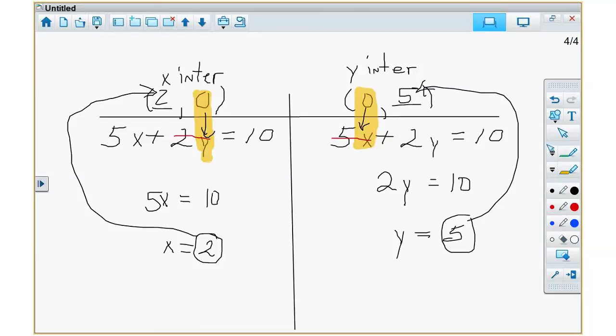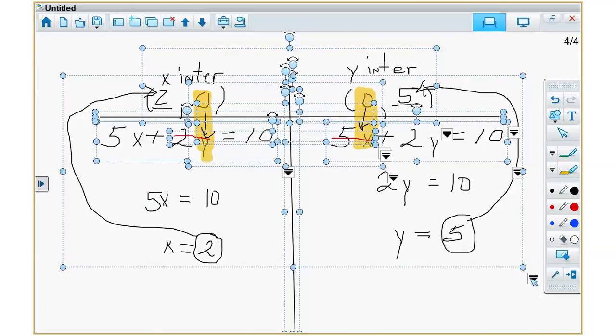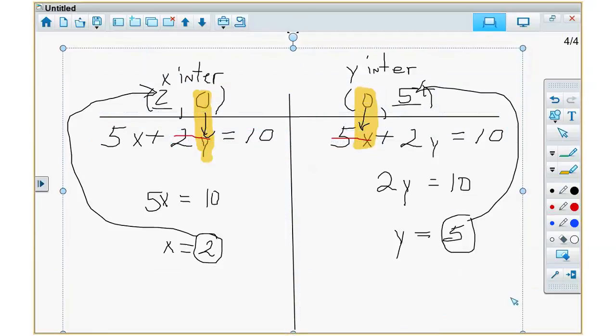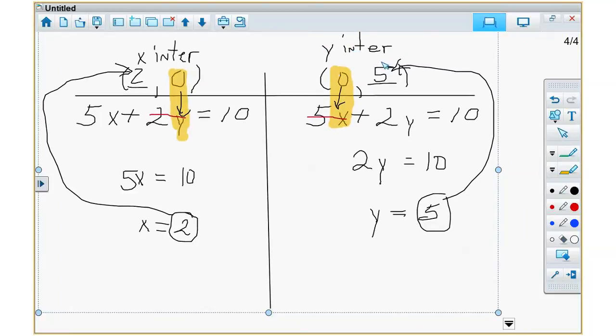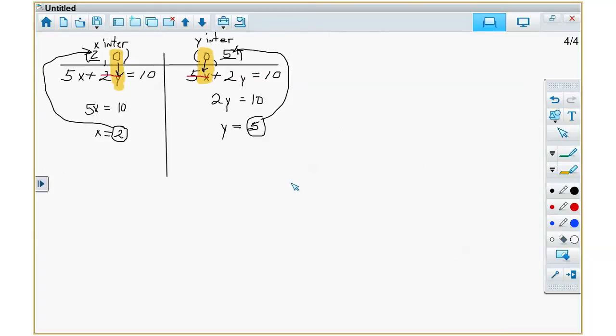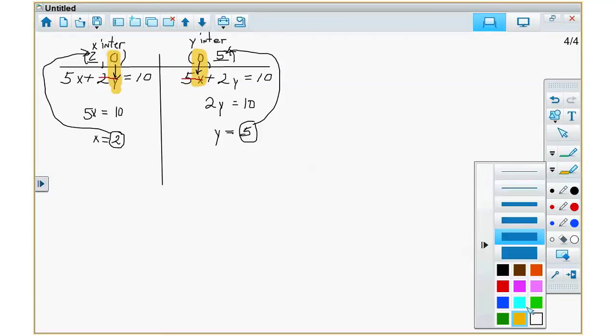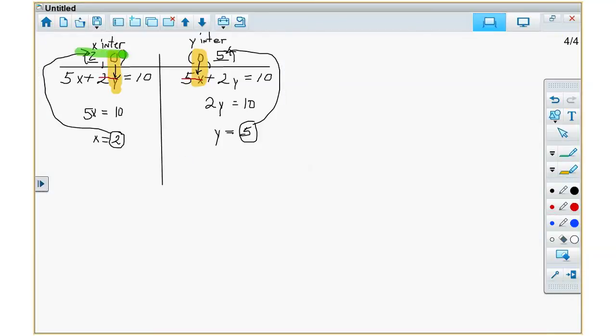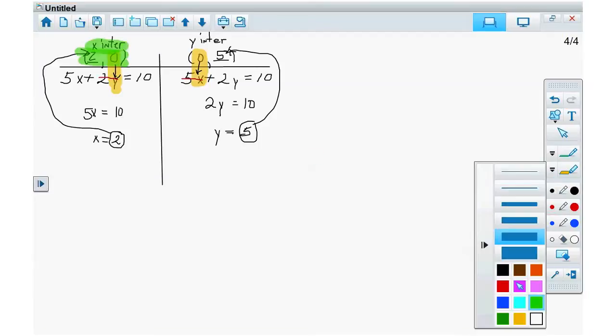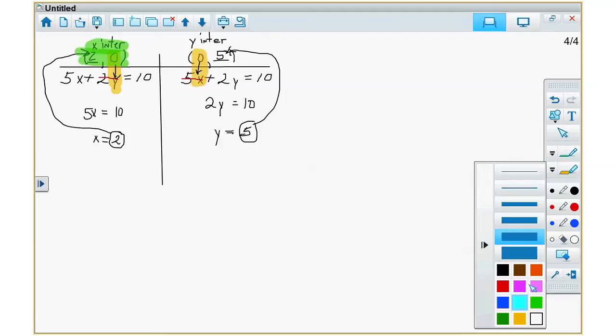And now you graph those 2 points. We'll highlight this one green. That's the x-intercept. And we'll highlight the other one pink. Well, we've got a kind of a mauve here, we'll use that mauve.